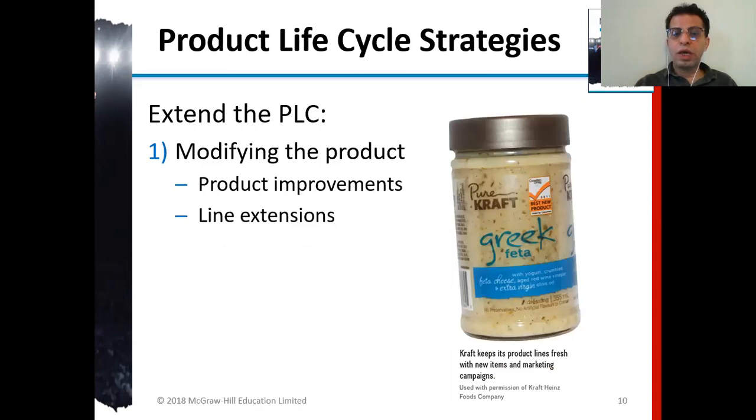So how do we extend the product life cycle if we have a product? I had a product that was dying, which is IBM HRX, in the region and around the world also. So we needed to modify the product.